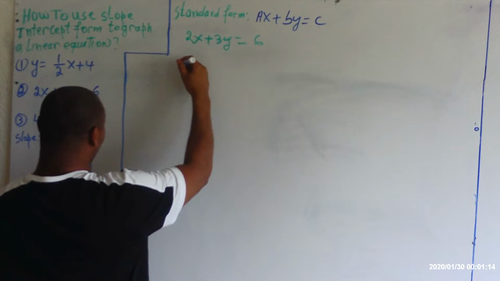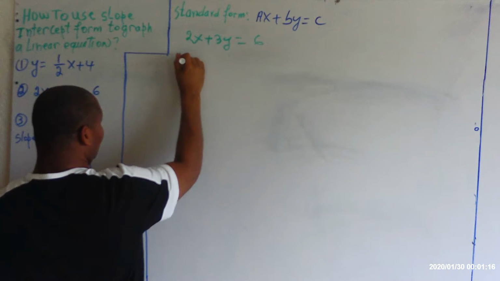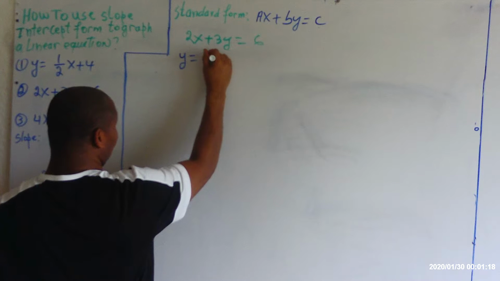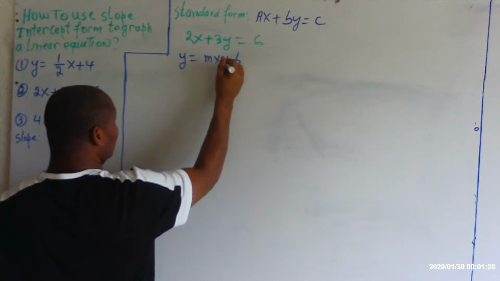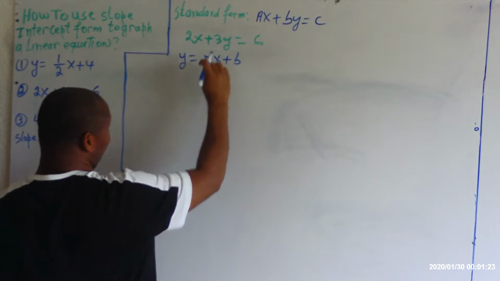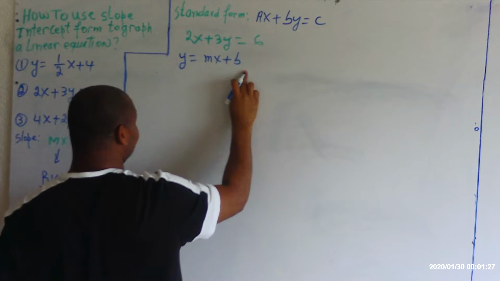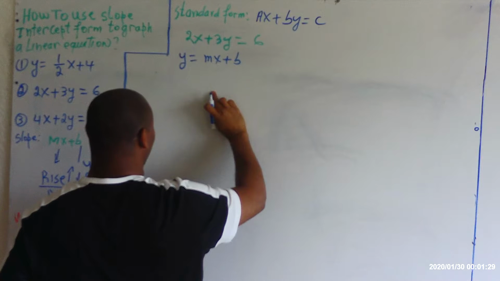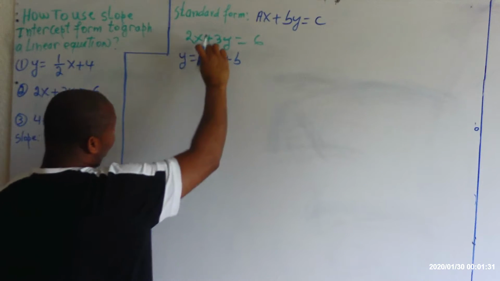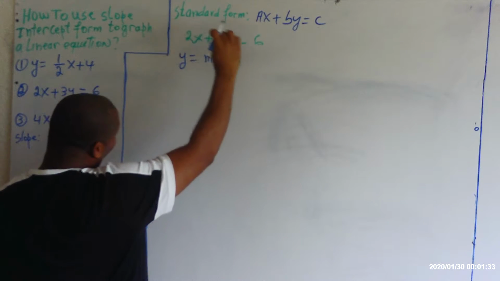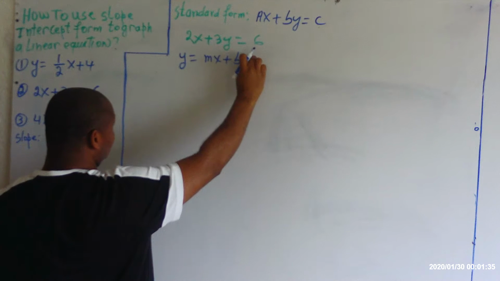So I will put this in the form y equals mx plus b. How am I going to do that? I'm going to do that by subtracting 2x from both sides.